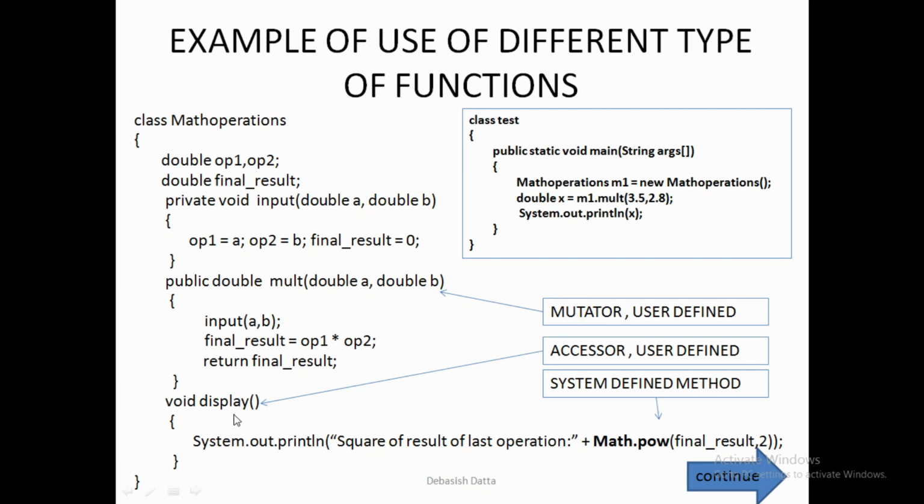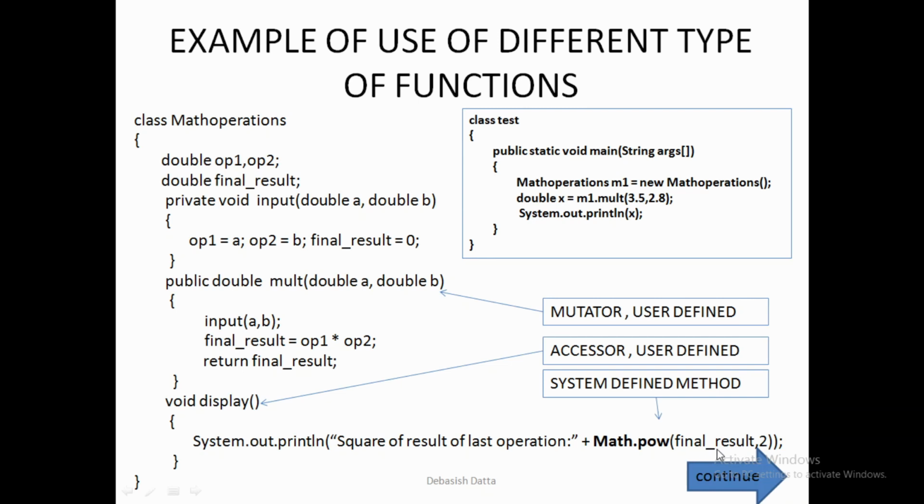But in the display function, nothing like that is occurring. Here I am just calculating the square value of the final result variable using the pow function. Now the pow function accepts two arguments.